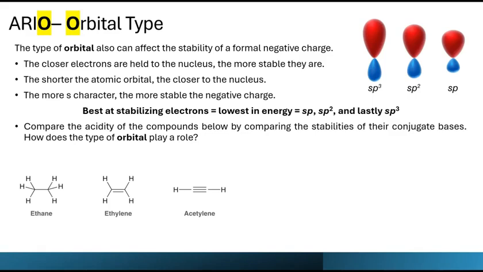Therefore, acetylene will be the strongest acid and ethane the weakest. Note their pKa's and the huge differences between them. Ethane has a pKa of 50, while acetylene has a pKa of 25. It is a much stronger acid relative to the other two.